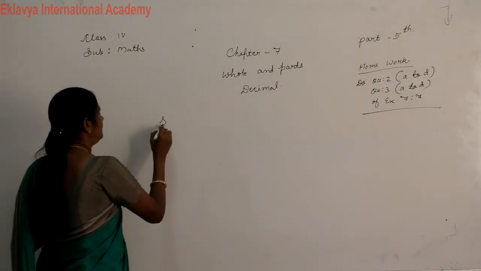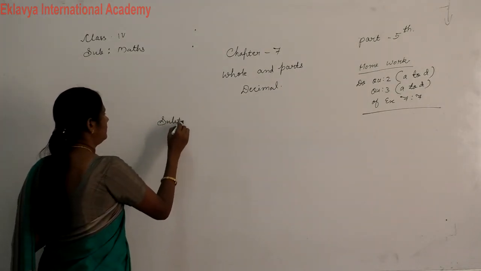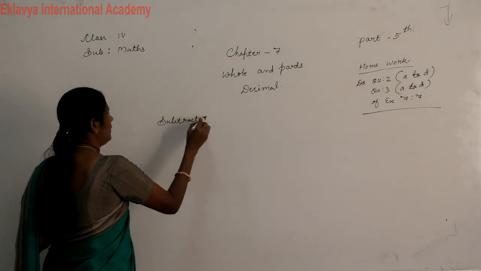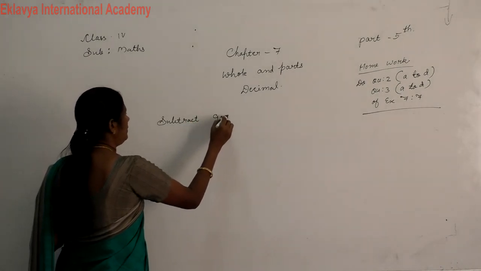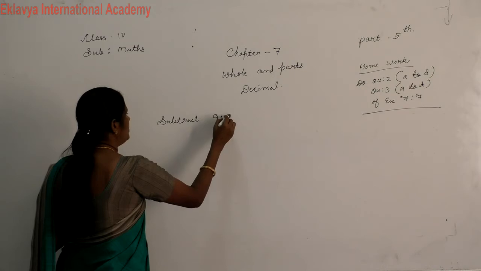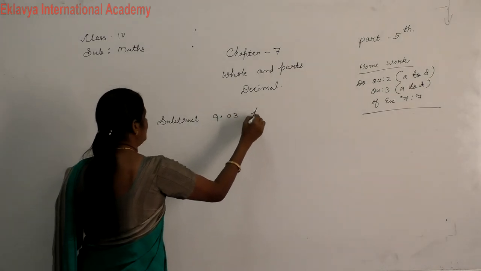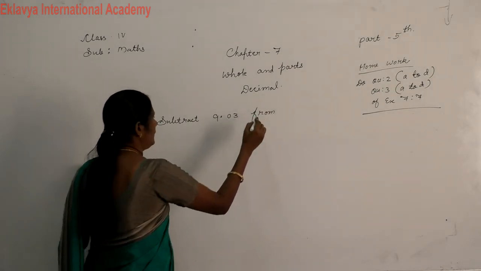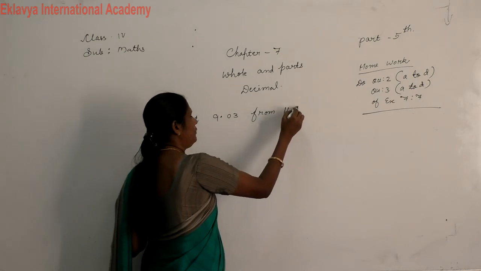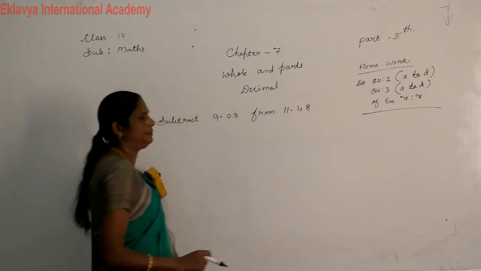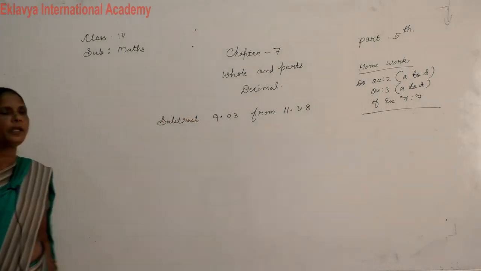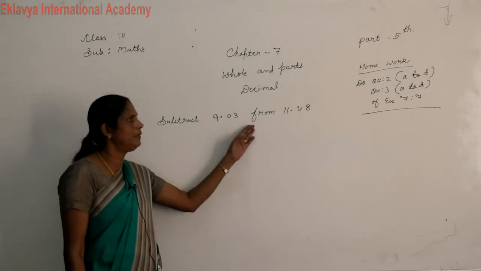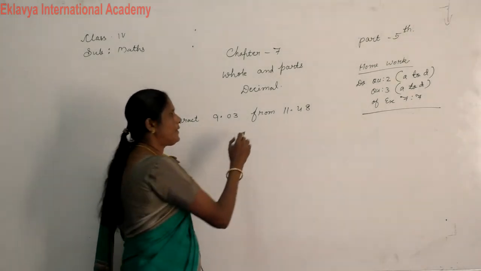Subtract 9.03 from 11.48. Again, which word comes here? "From." Which number do you write first?